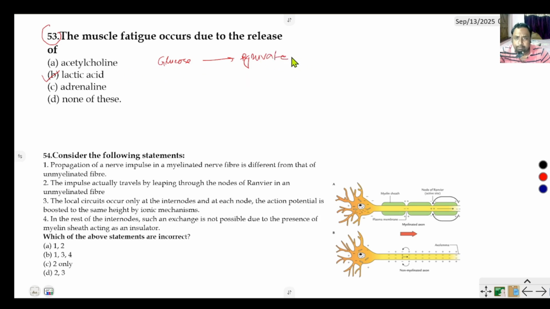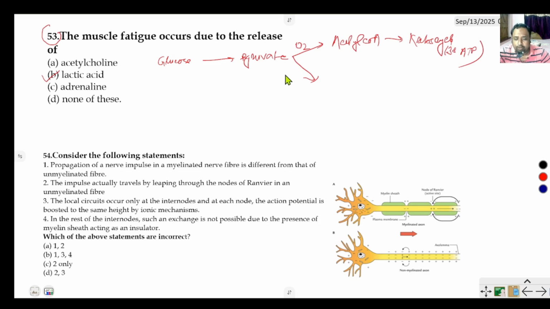Then the fate of the pyruvate is of two different types. If oxygen is available in our muscles, that pyruvate converts into acetyl coenzyme A, then into the Krebs cycle. The Krebs cycle produces 38 ATP molecules or 36 ATP molecules.